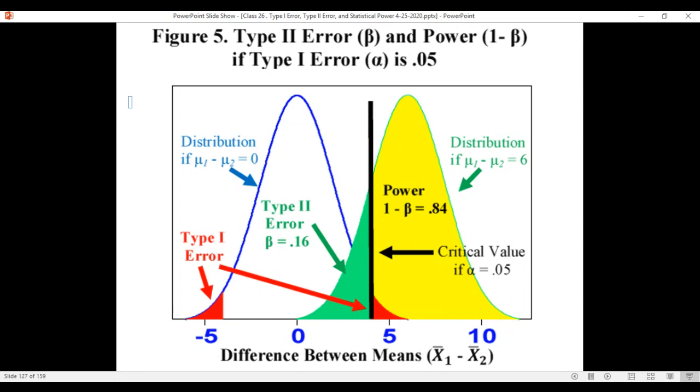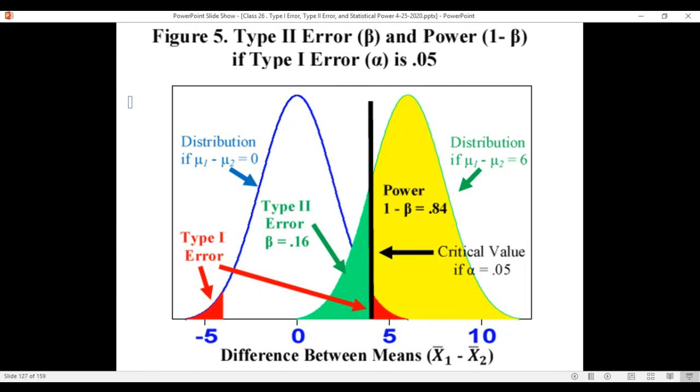Now, the yellow area is new. The yellow area is simply the part of the true sampling distribution that's not in the green area. Its area is 1 minus beta. Remember, because all density distributions have an area of 1, and because beta is 0.16, the yellow area must be 0.84.